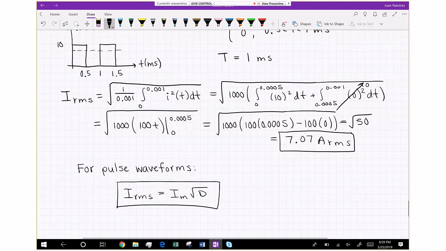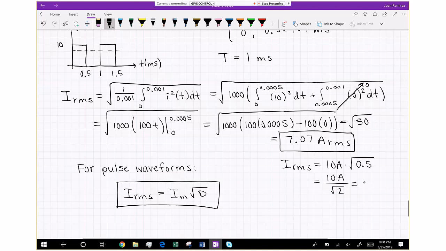So let's see if this is true. The peak value is 10 amps. And the duty cycle was 0.5, right? 0.5 is the same as 1 over 2. So this is the same as 10 divided by square root of 2.